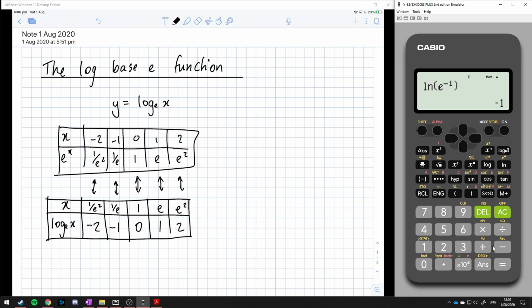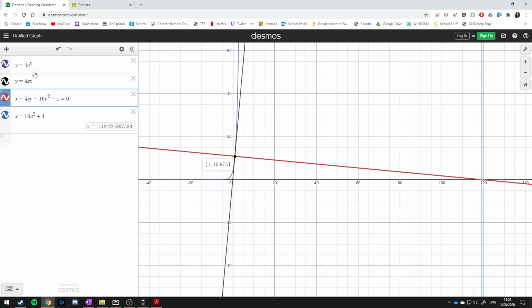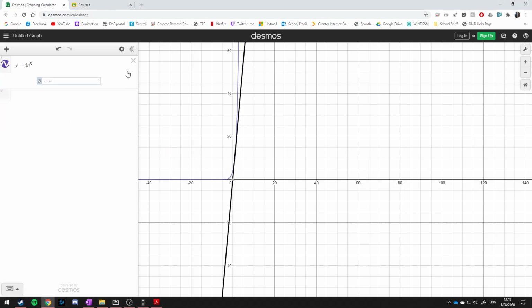So your natural logarithm base e is essentially your inverse function. So this and this are inverses. Let's have a look at the actual function y is equal to log of x, or natural log of x.